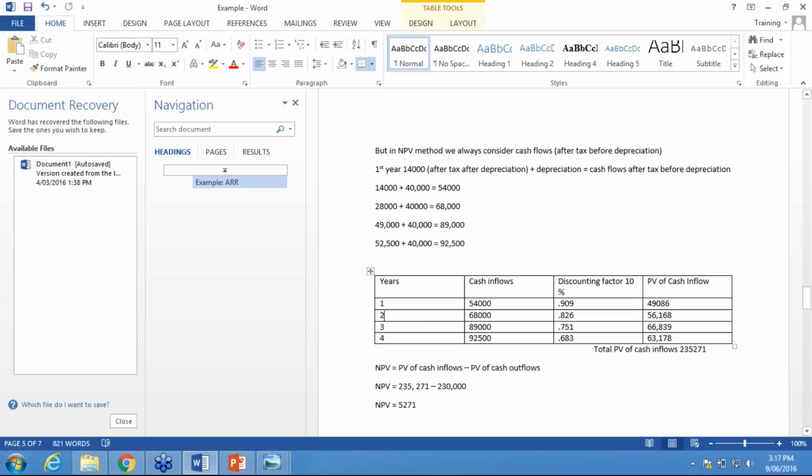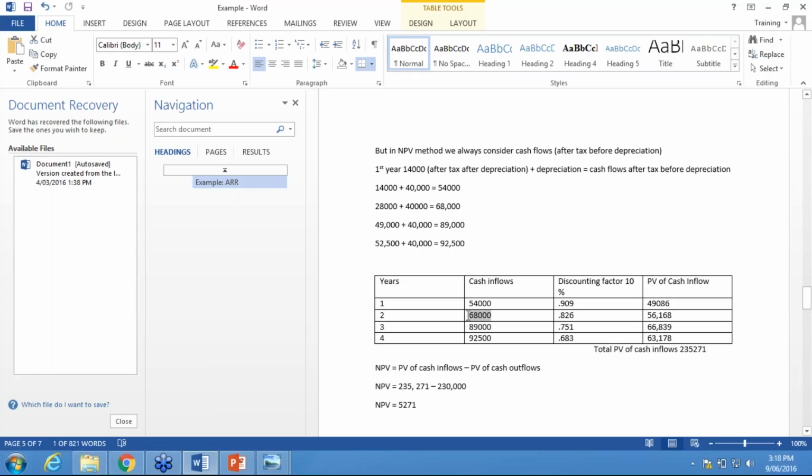What if the cost of capital is 10% given to you, that is, interest is 10%? You need to write first of all the present value factor. You need to multiply these cash inflows with the present value factor in order to find out the present value of cash inflows. The real value of $54,000 after 1 year will be 49,000.